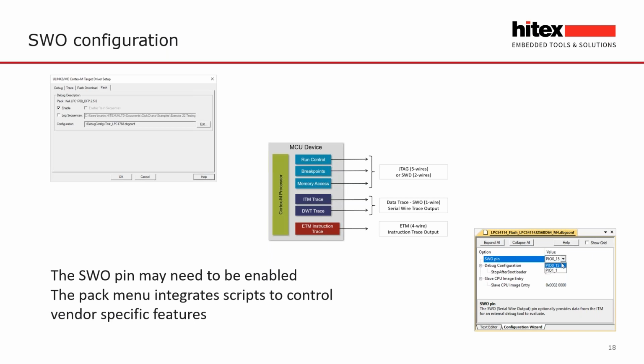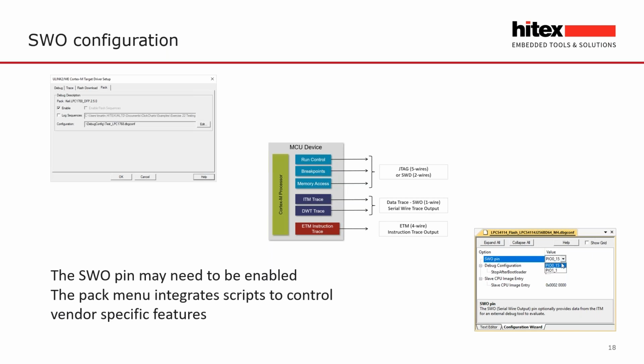However, in recent releases, there's now a new tab called the Pack tab, and this has integrated the scripts directly into the debugger. So when you select a specific device, scripts appropriate to that microcontroller are now automatically added to the debug toolchain. So this does make life a lot simpler.